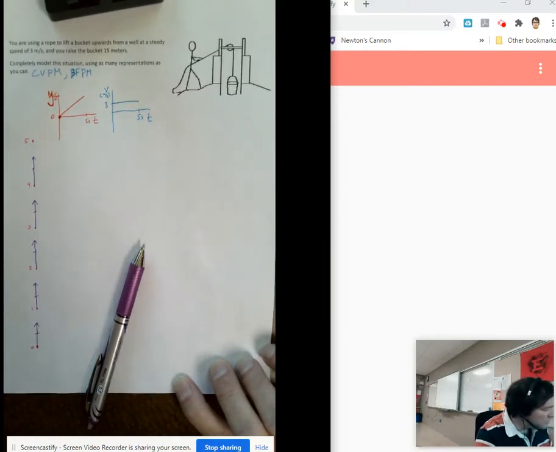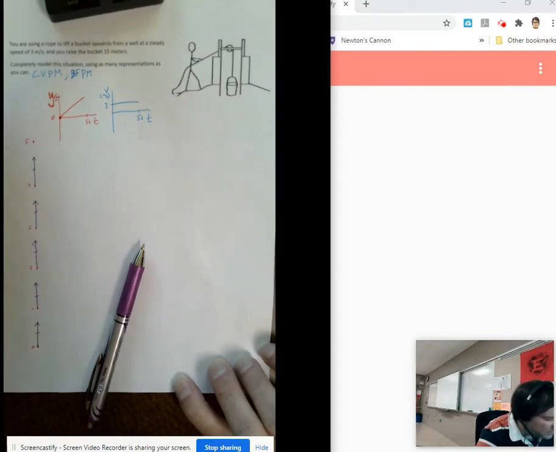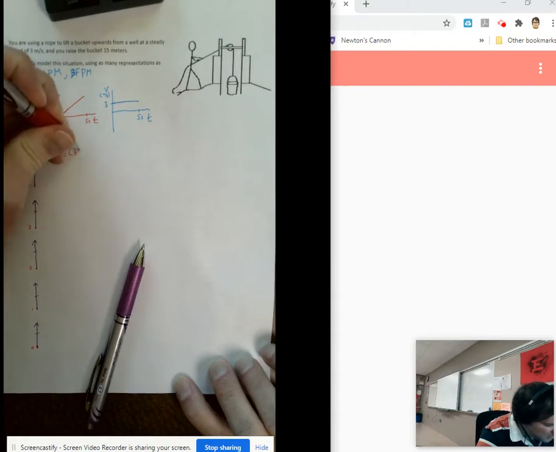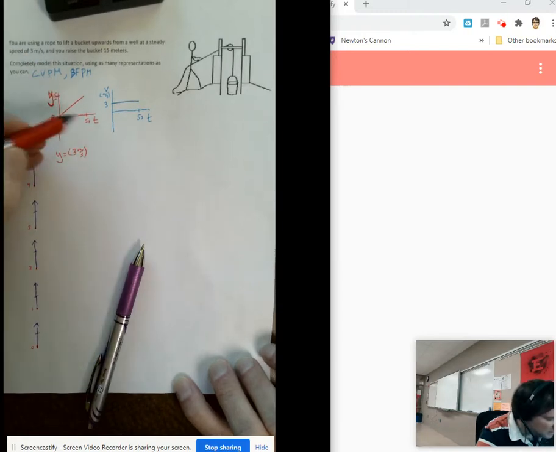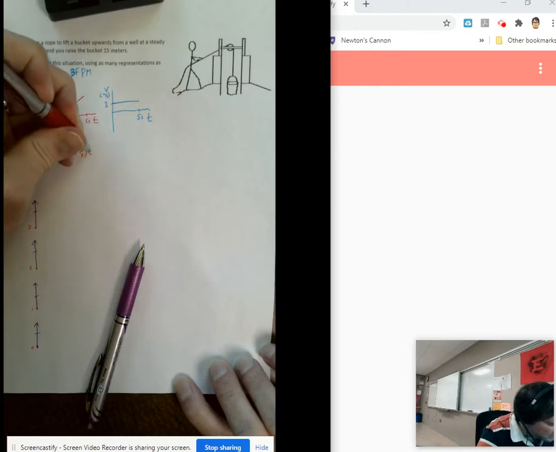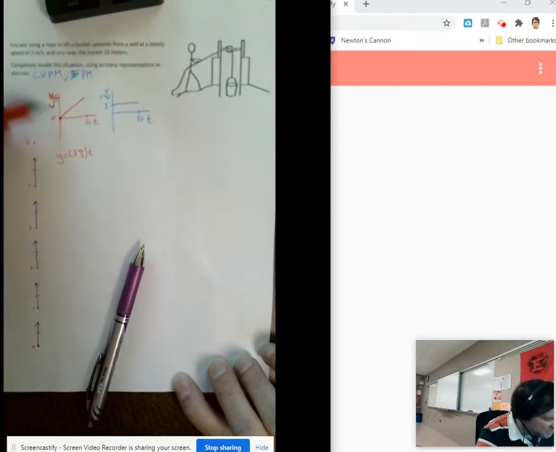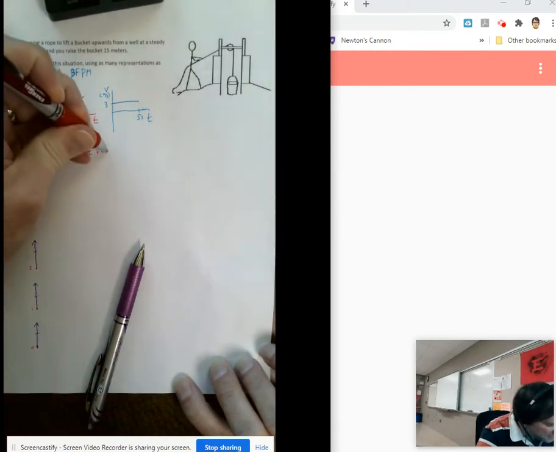I could write an equation for the position versus time graph. Starting with the generic math y equals mx plus b, I've got position equals slope times t plus the starting position. So vertical position y is equal to slope 3 meters for each second times the independent variable t, plus a starting position of 0 meters.